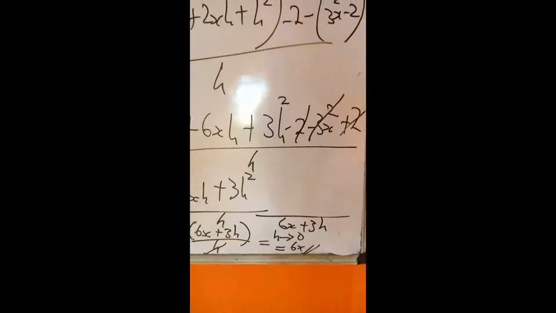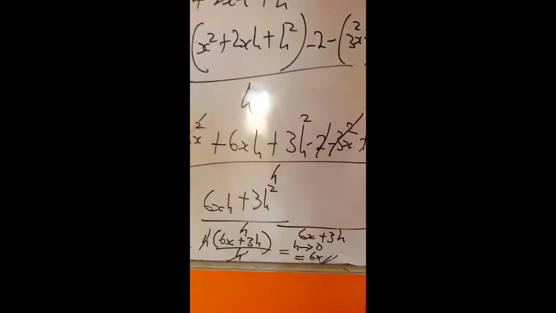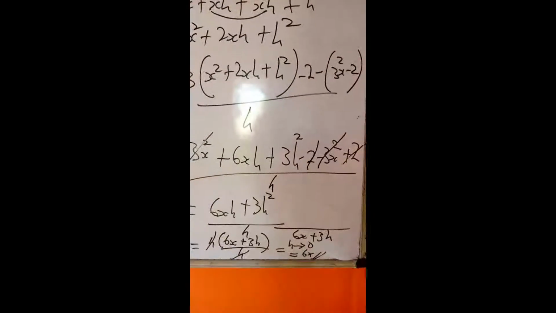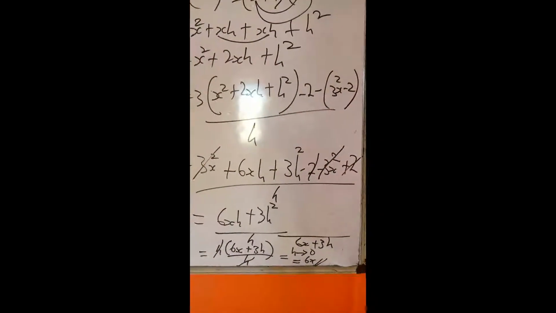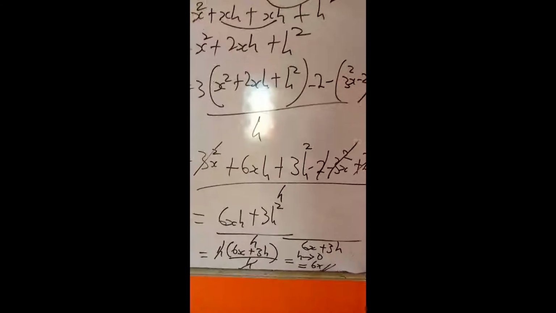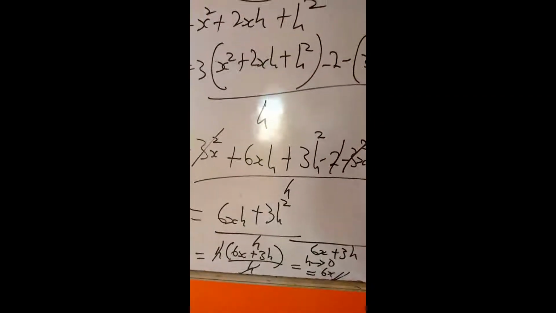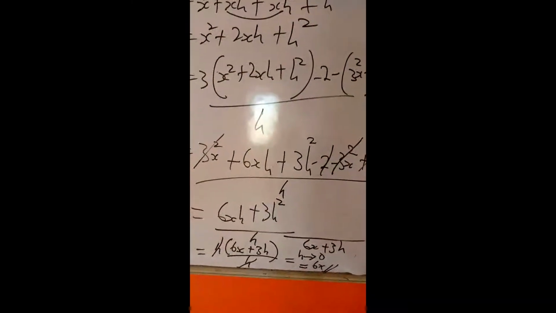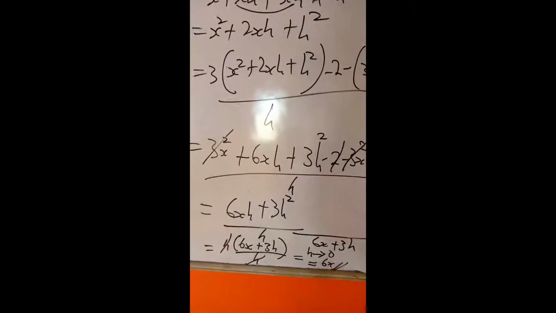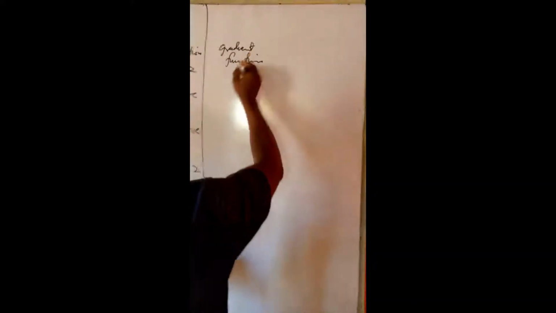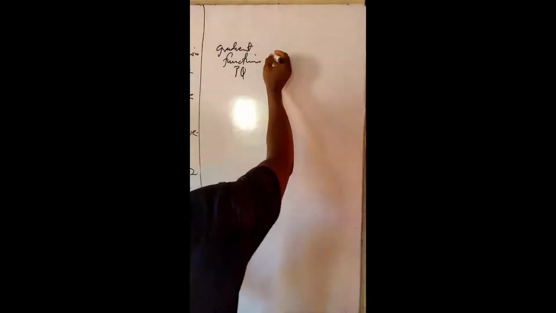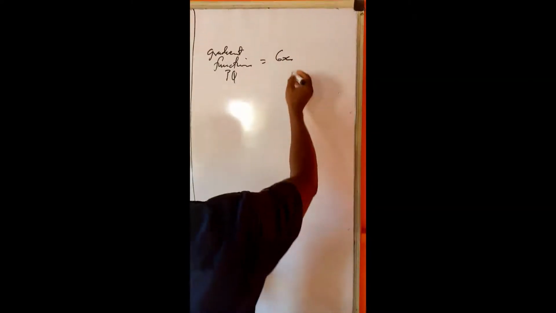So if h tends to 0, it means now that the gradient function of, what? We find the gradient function of the curve y equals 3x squared minus 2 is equal to 6x. Gradient function PQ is equal to 6x.